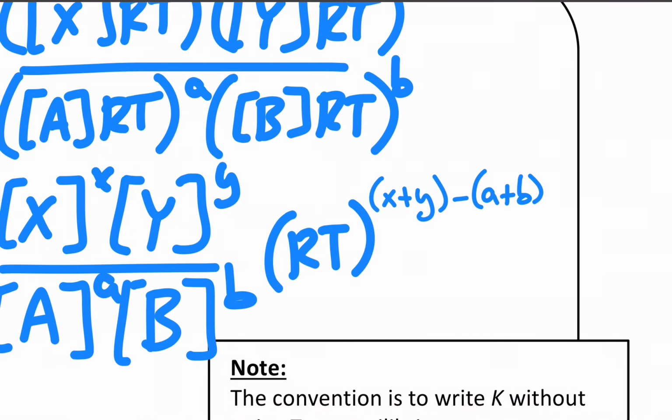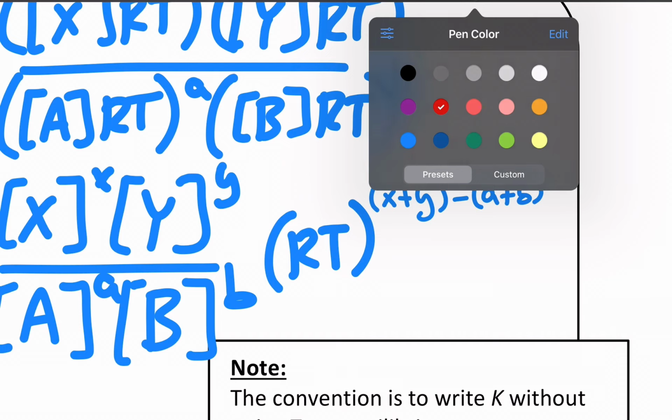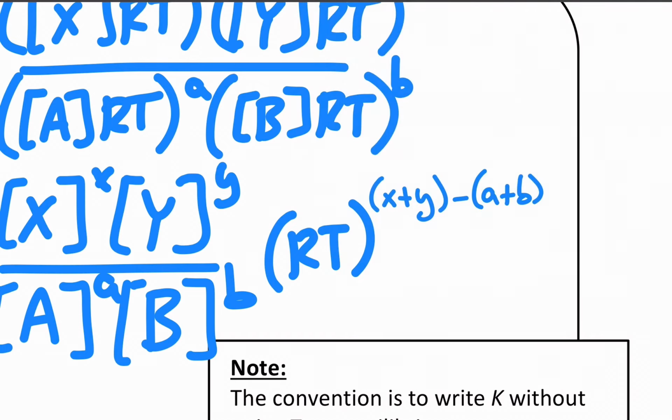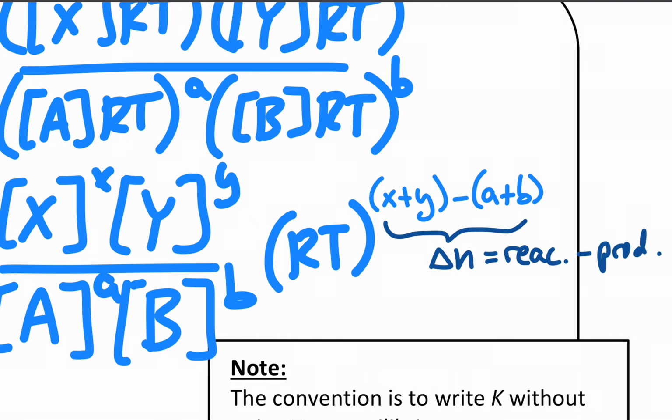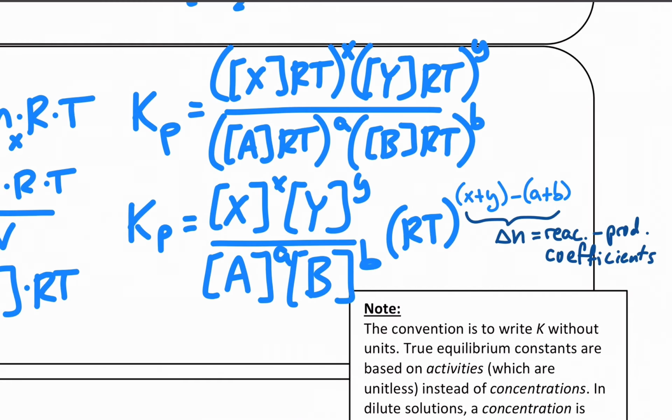And we actually go ahead and abbreviate that. That's just the molar coefficients of the products minus the molar coefficients of the reactants. So chemists call this delta N, whatever they happen to be. And if I look at the left-hand side, what's this?